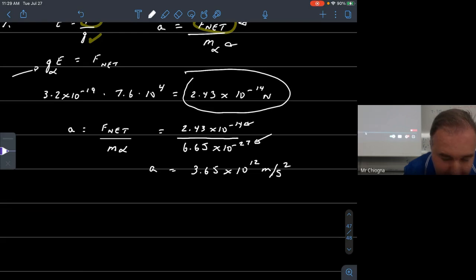Now some other formulas that you need to be familiar with are these. Work is equal to the positive change of kinetic energy, but the negative change of potential energy. In a system where energy is conserved, as kinetic energy increases, the potential energy decreases. Think of a ball that's falling down.